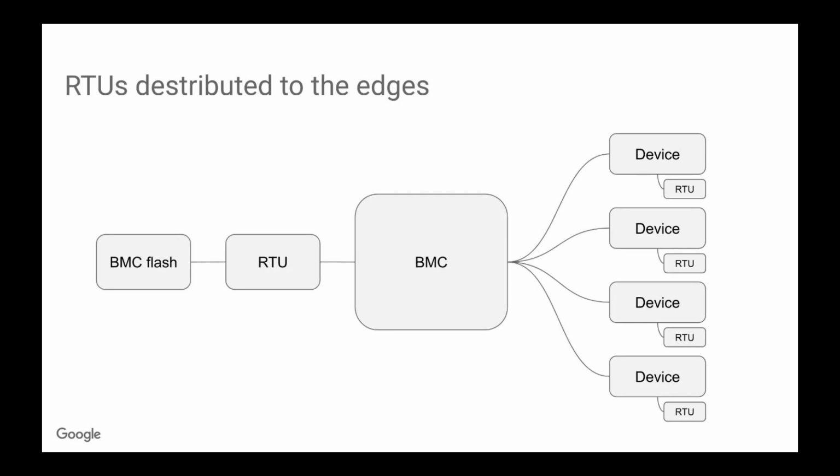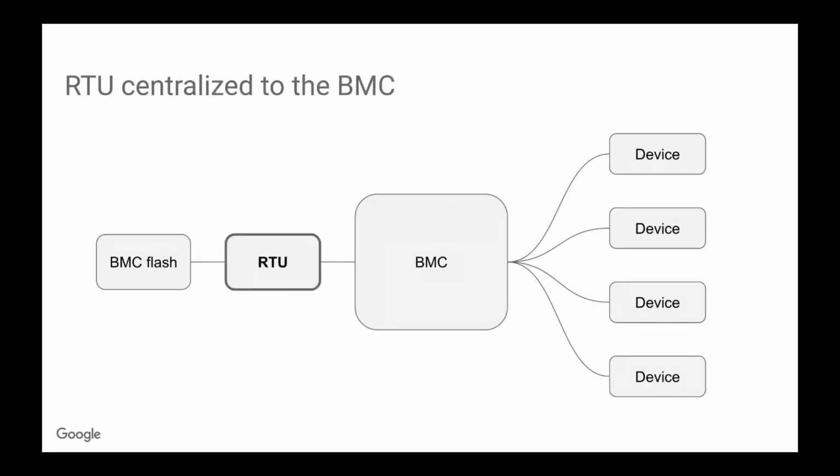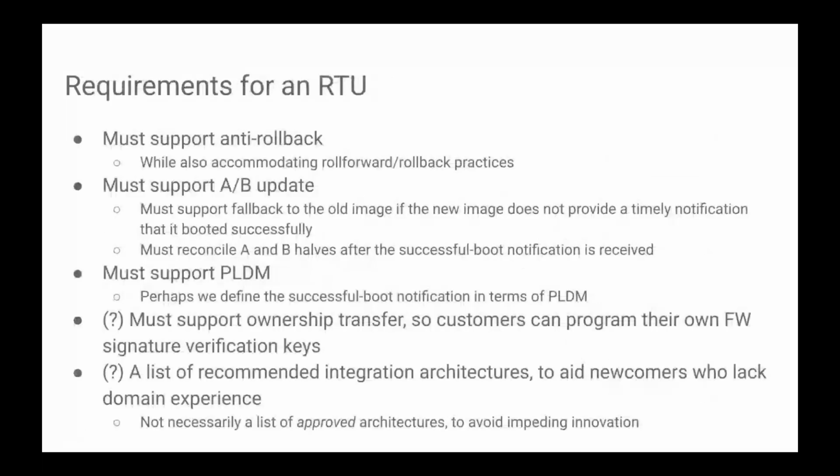Okay, gotcha. So if we go back to the other slide and we're talking about A/B update, it seems that there's an implied policy here, right? How do we reconcile A and B? And why do we need A if we have recovery?